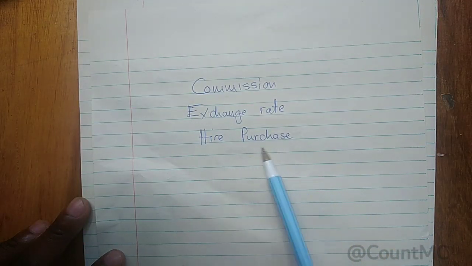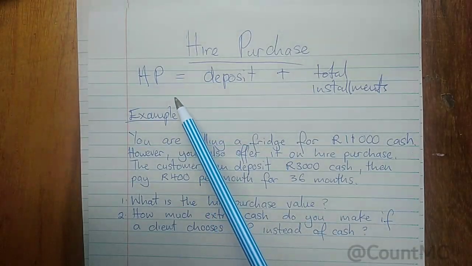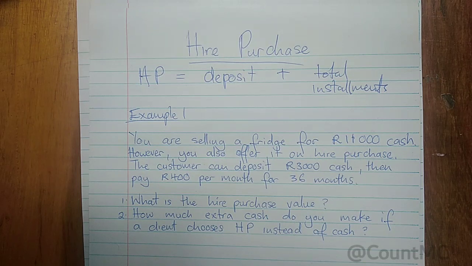Okay, so let's finish up with hire purchase. So hire purchase is like this. When you see something in the shop that is going for a cash price, let's say it's going for 40,000 rands, and you don't have the 40,000 rands, the shopkeeper will say you can pay some deposit, or let's say just pay 10,000, then you finish the rest over a year or over 2 years or over 3 years, paying in small amounts.